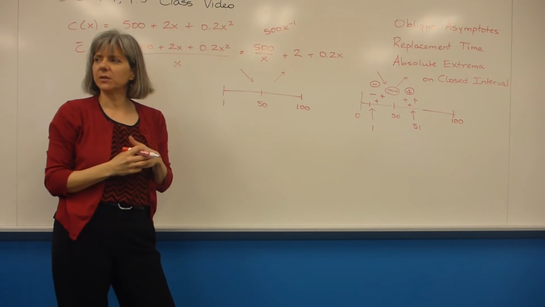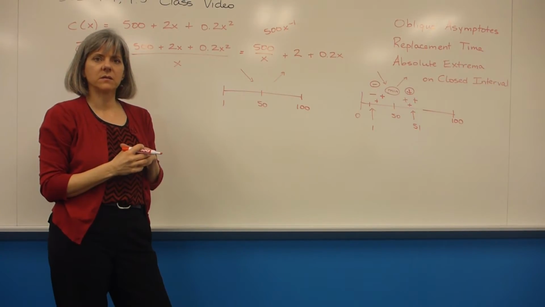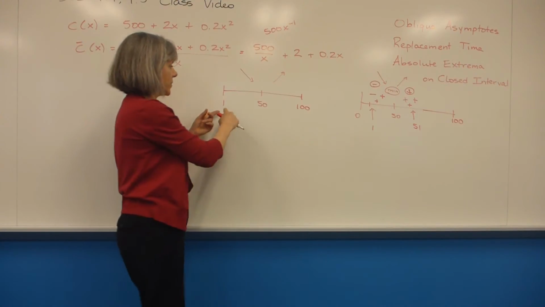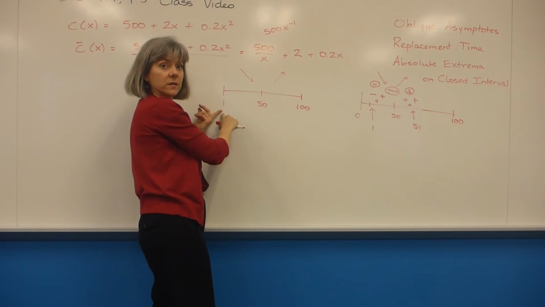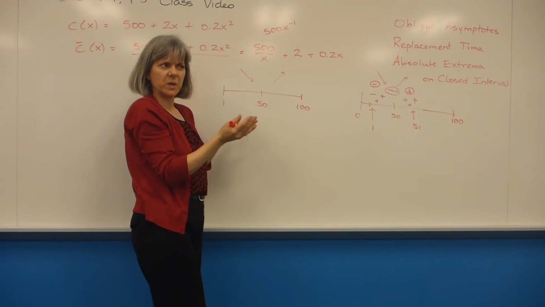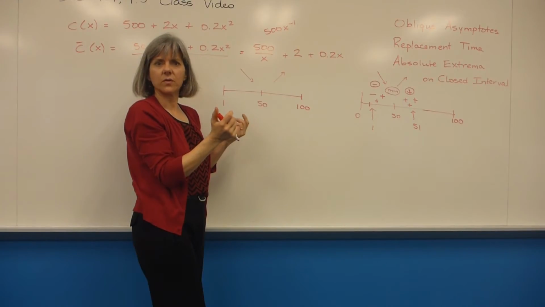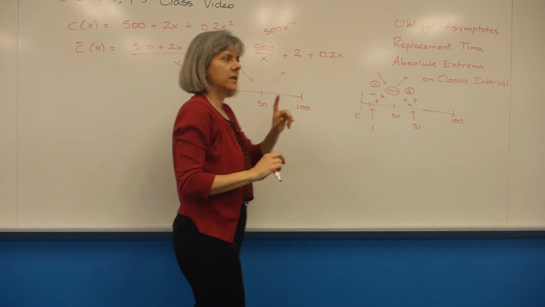If I want to know the absolute max, where will that be? 50 and 100. It will be, well, here it's a min. So it's either going to be at 1 or at 100. Do you know which? No. Until you plug in numbers, do you know which? No. So when we're talking about absolute extrema, there are some choices.